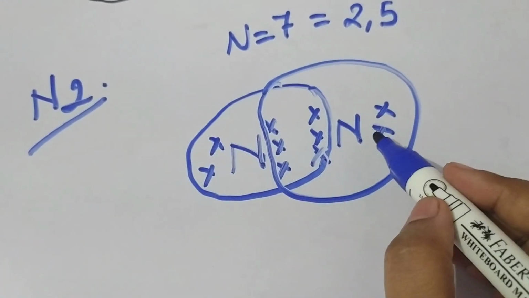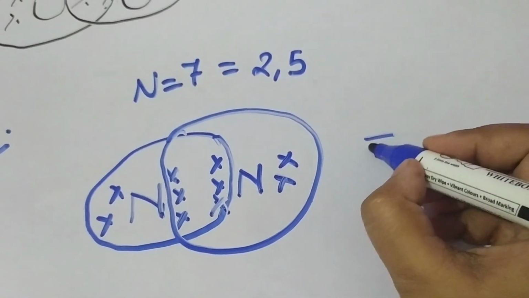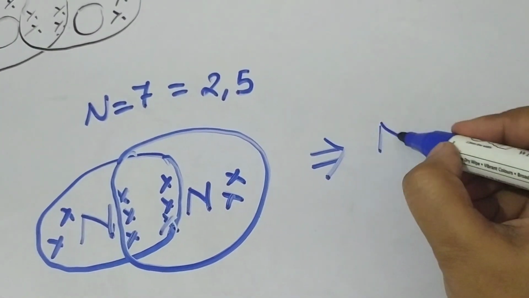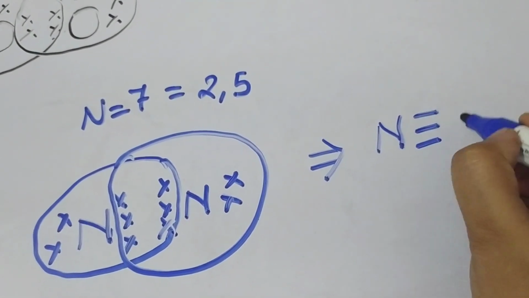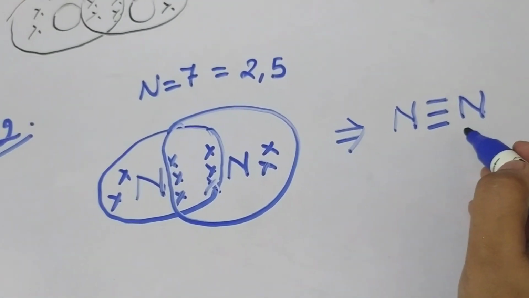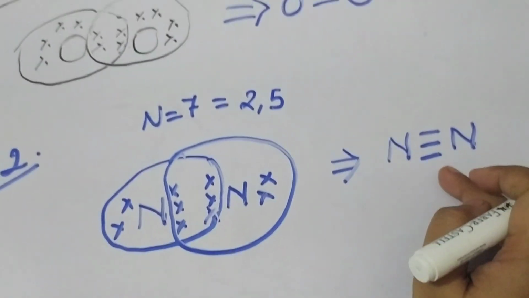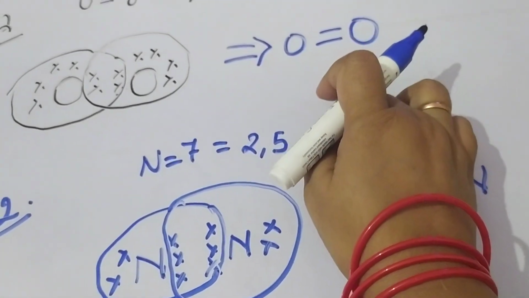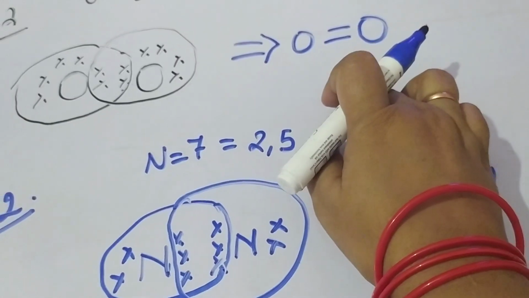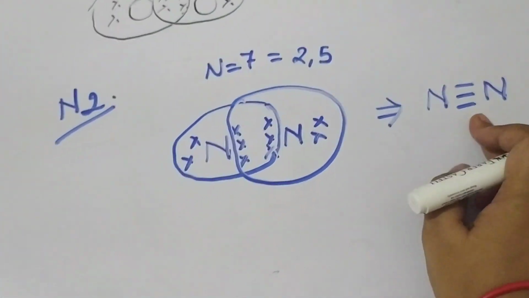Again 8 electrons for this nitrogen atom, and both atoms have 8 electrons each. So we'll draw 3 lines between the 2 nitrogen atoms. This is a triple covalent bond, and the earlier one is a double covalent bond, not two single covalent bonds, because it is between the same atoms.